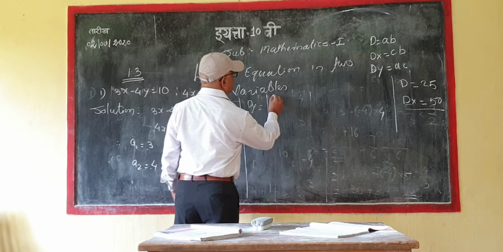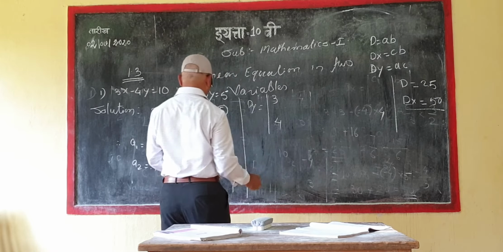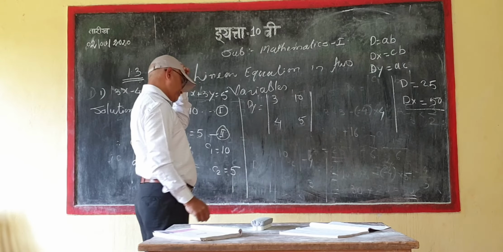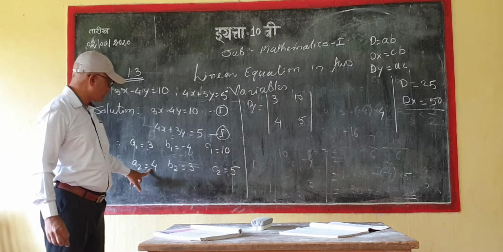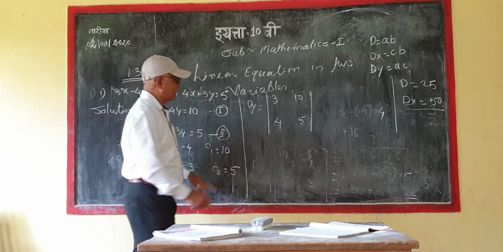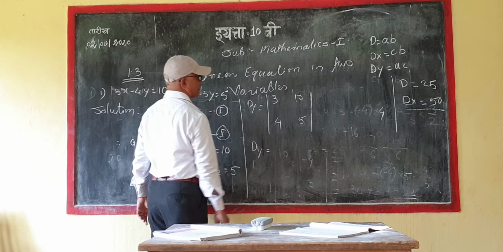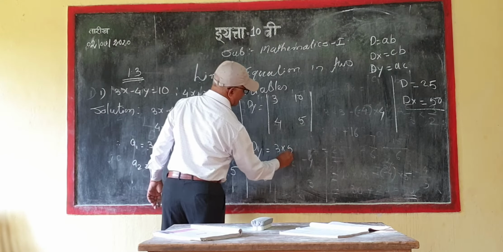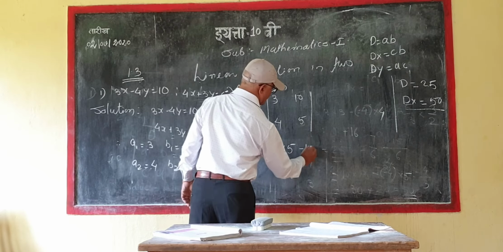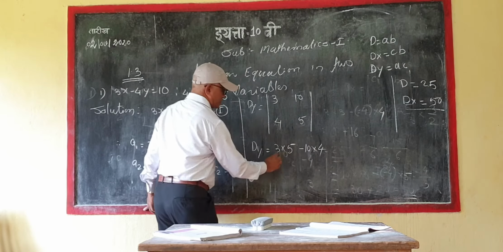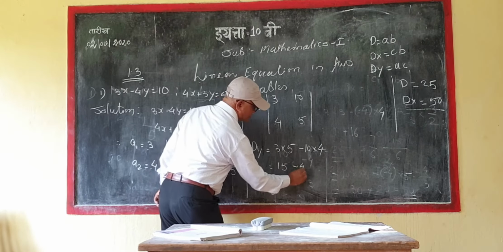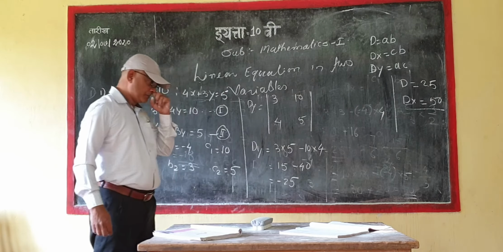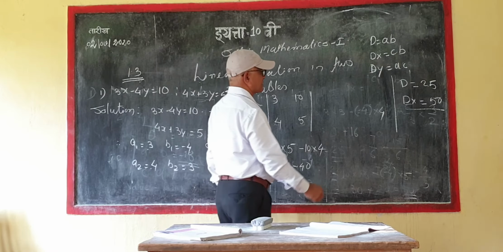So we get 3, 4, 10 and 5. So dy is equal to 3 into 5 cross multiplications minus 10 into 4, 3 5s are 15 minus 40 is equal to minus 25. So the value of dy is minus 25.